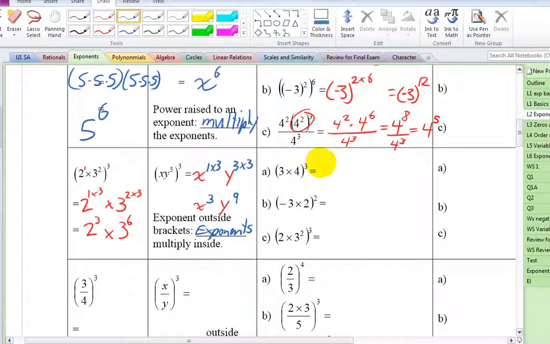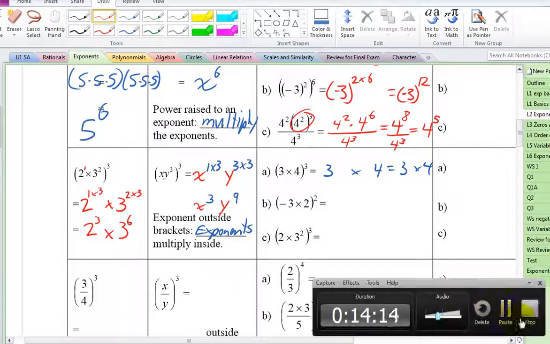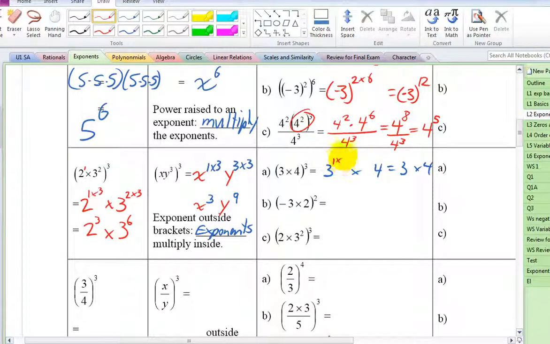Okay? So over here, I want you to show your work. Okay, show your work for all of these. Go. It's going to be 1 times 3 again. So you don't change the 4 at all. You just go 1 times 3 again. Because they both have a hidden 1 exponent. See, I wrote them in there in red now. They both have a hidden 1. Okay? So then your answer would be 3 cubed times 4 cubed.